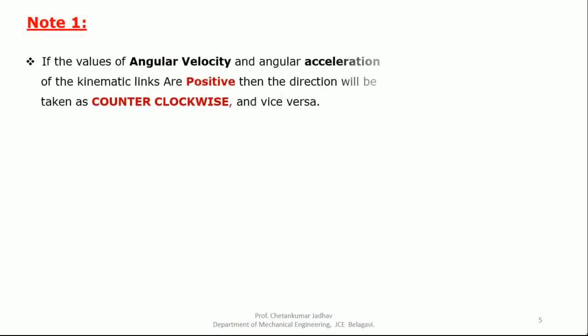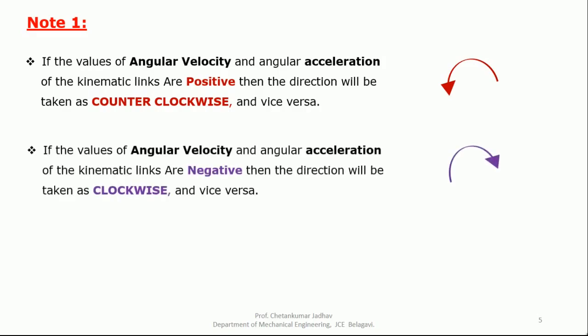Students, before we solve the problem, let me discuss some important points. Note 1: if the values of angular velocity and angular acceleration of the kinematic links are positive, then the direction will be taken as counterclockwise.